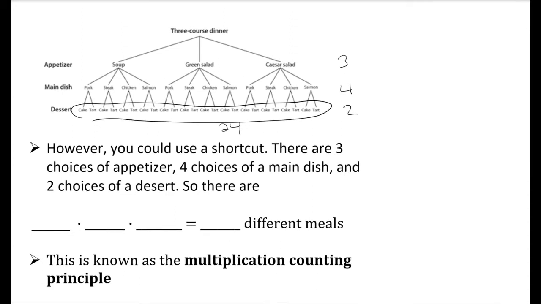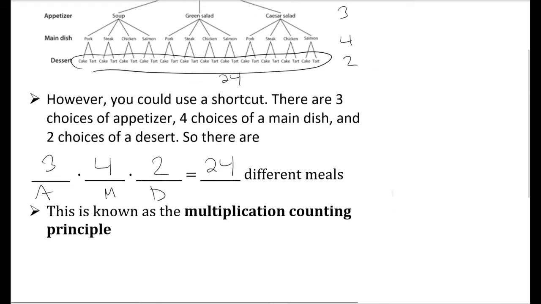So if there are 3 ways of doing something, 4 ways of doing another, and 2 ways of doing something else, we can multiply those different ways. In this case, we get 24 different meals, which follows precisely from the diagram above.